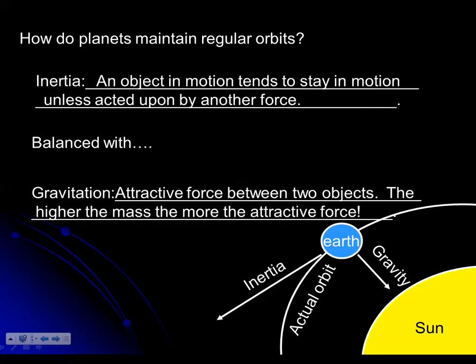So when the forces are equal, the planet makes a nice curve, as you can see in this diagram right here, and it kind of follows this path, the actual orbit. If the Earth were to speed up somehow, it would move into a farther, more distant orbit. If it were to slow down somehow, it would move in a little closer to the sun, but they're always balanced.